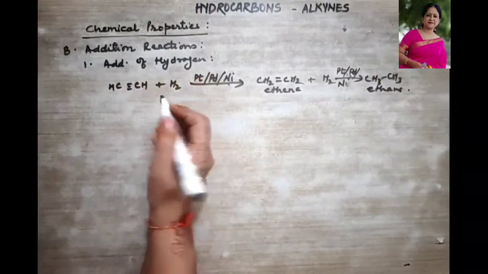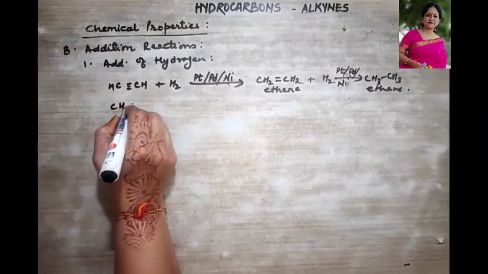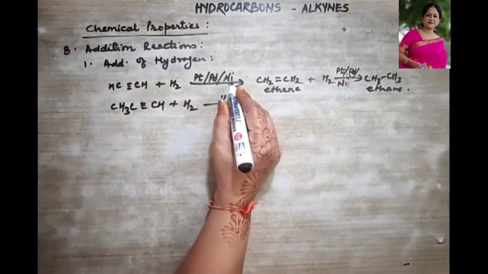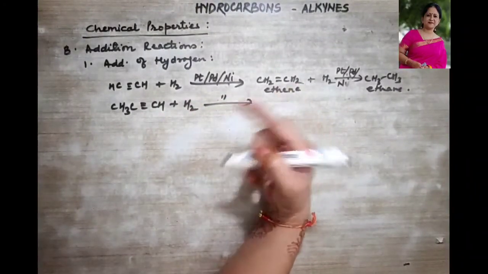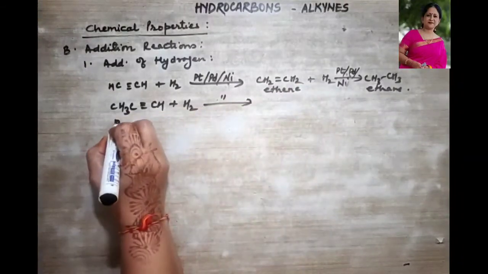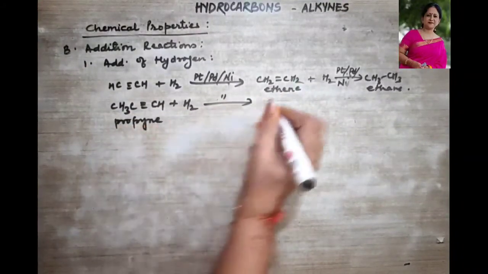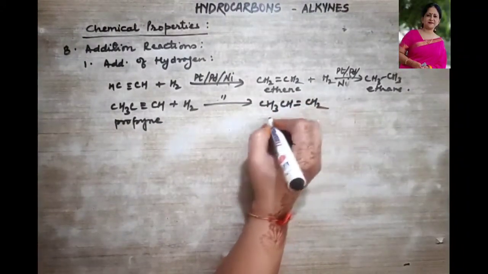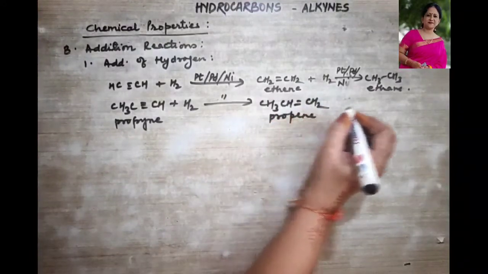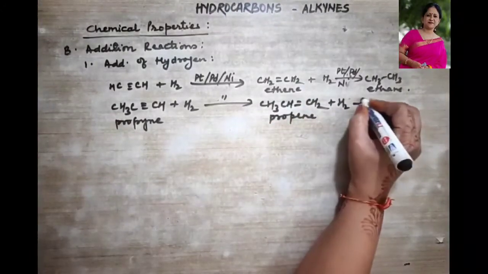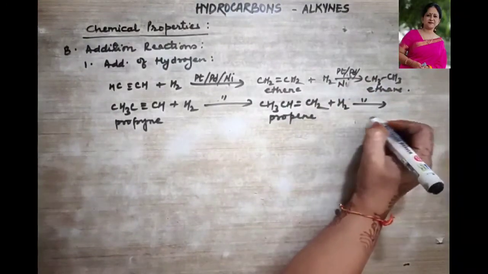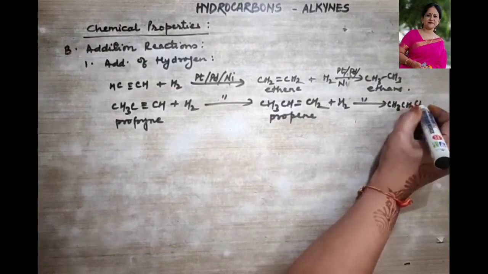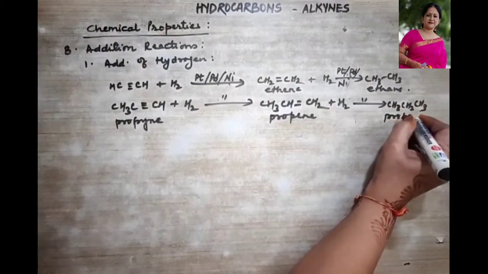Similarly, you can take propyne also, for example CH3 C triple bond CH. When you add hydrogen in the presence of these catalysts, then what are we going to get? We will first get propene, CH3CH double bond CH2. This is your propene. And on further adding hydrogen in the presence of the same catalysts, we get propane, that is CH3CH2CH3. This is your propane.